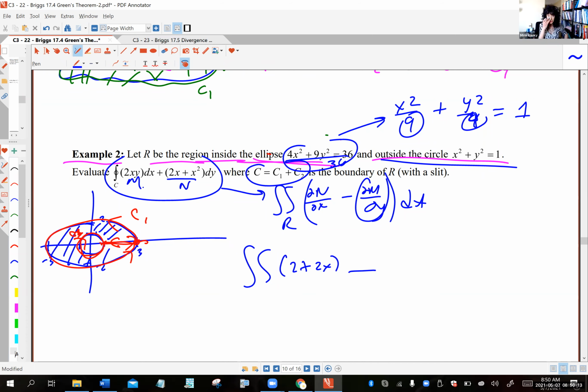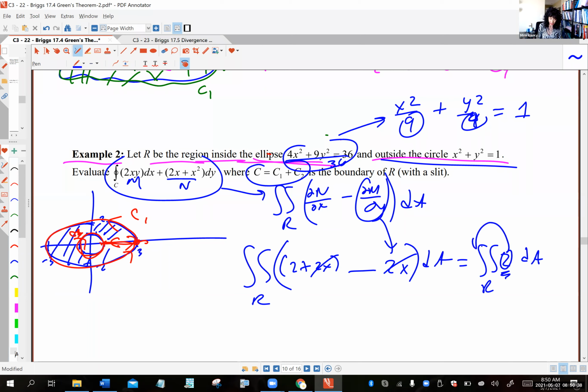Here's M, and when you take the partial of 2xy with respect to y, you will get 2x. Oh, that's very convenient. So you notice what happens? These 2x's cancel. Oh, that's lovely. And then you get one of those lucky ones again, where you just have a constant for your dN/dx minus dM/dy. Pull it out. And so you guessed it, this is going to represent area.